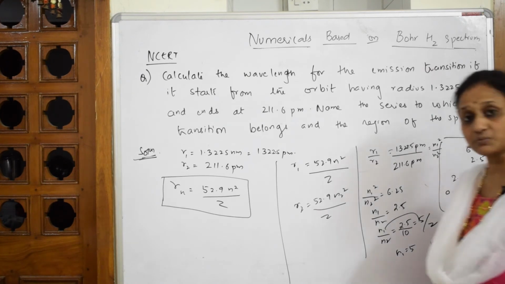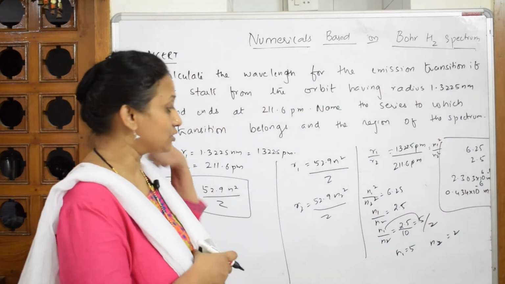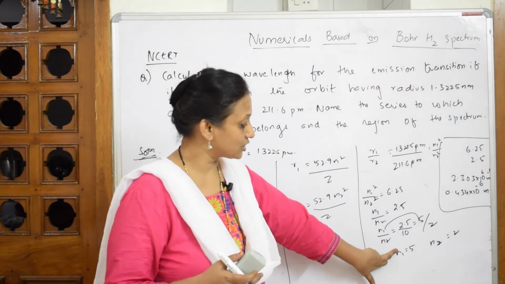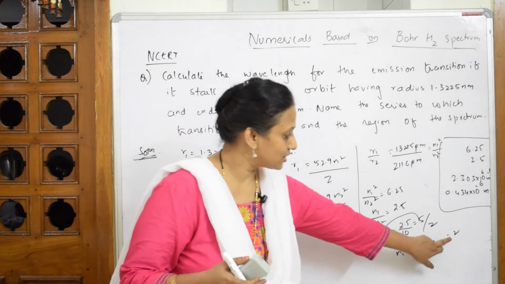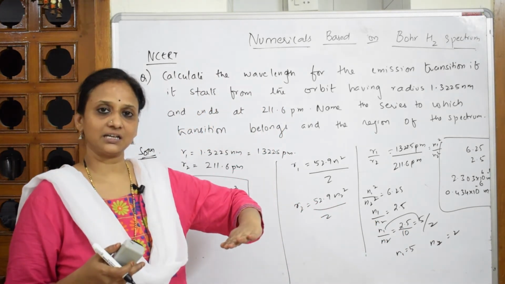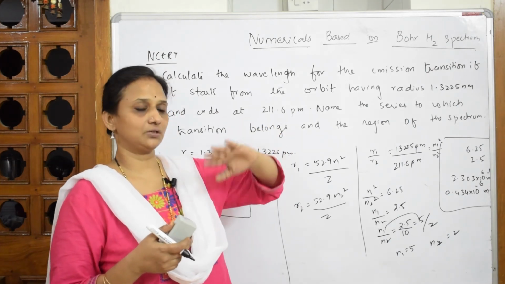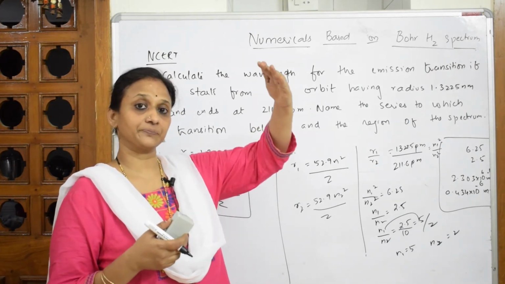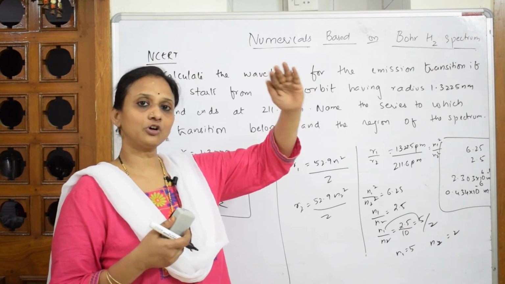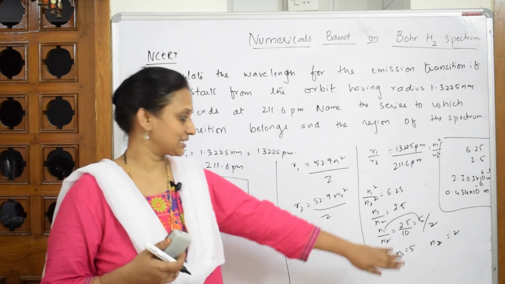This is the concept. Now n1 value equal to 5, that means from where did it go? Look here, from the second level it has gone to the next level, second to third, second to fourth, second to fifth, right? So it has dropped down from the fifth orbit to the second orbit. It's clear, isn't it?